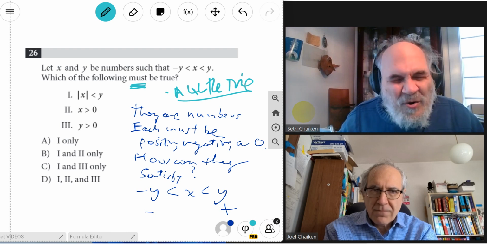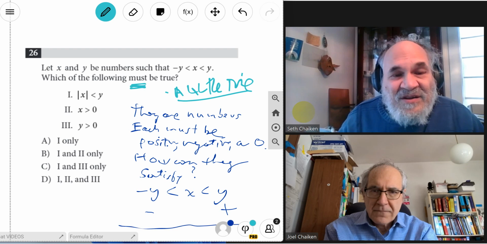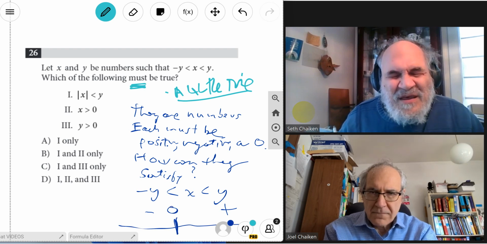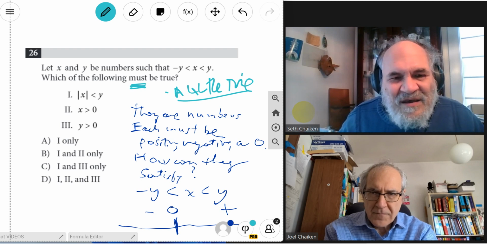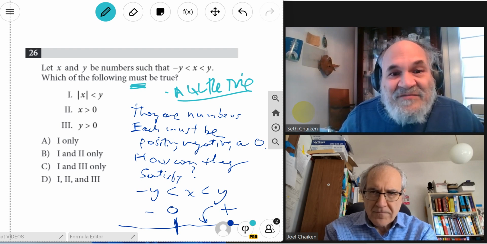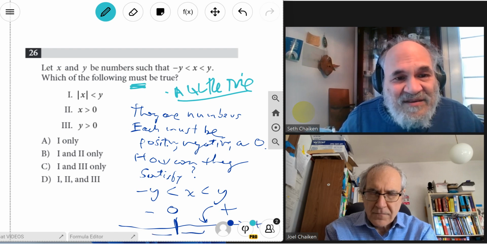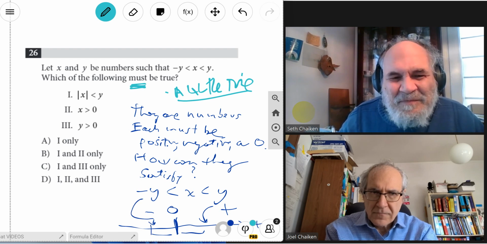Okay? So I visualize it on the number line. Since they are numbers, they fall on the number line. Somewhere on the number line is zero. y is somewhere to the right of zero on the plus side, and minus y is the corresponding distance on the left side.